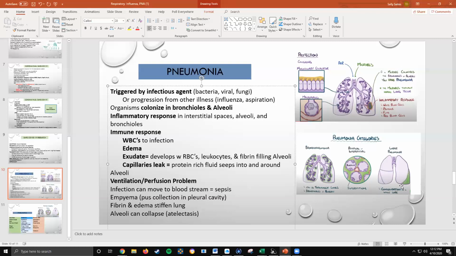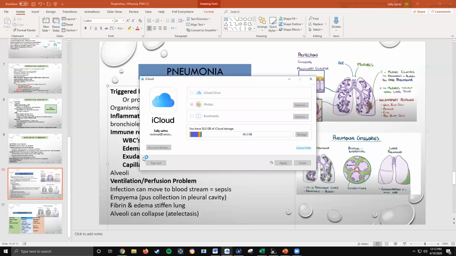And then you can see here that some areas can become consolidated. So this green might be exudate, it might be fluid because we build up a lot of fluid with pneumonia in our lungs, and so the fluid has leaked out here and is causing a compression on the lung. So again, when you think of pneumonia, think of infection and think of fluid buildup in the lung.